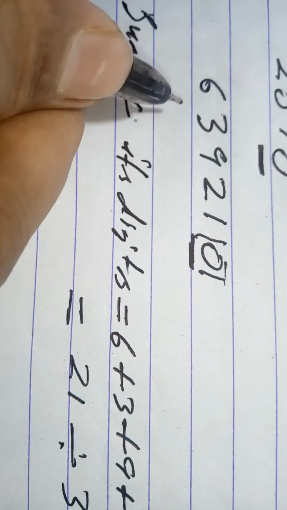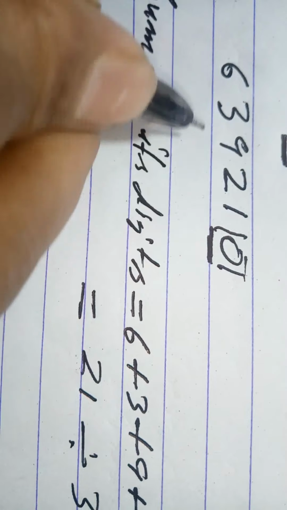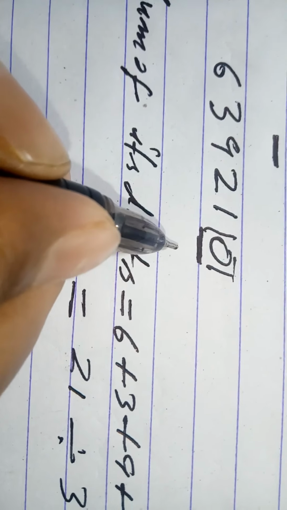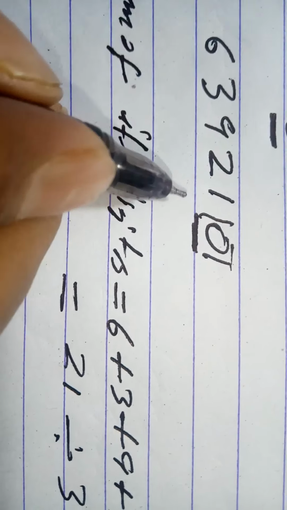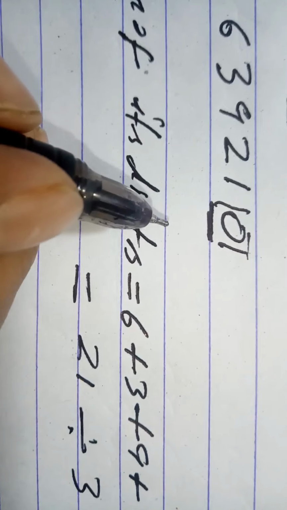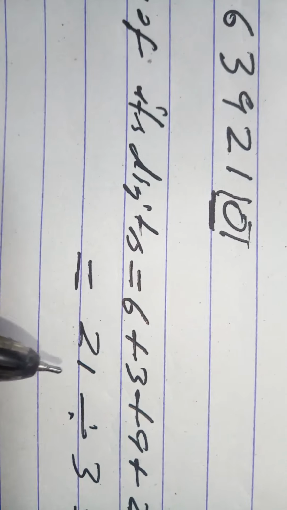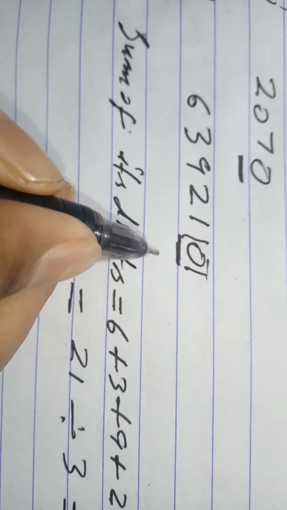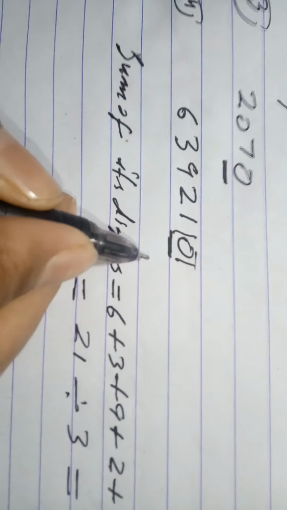Therefore this given number is divisible by 6 because this number is divisible by 2 and 3 both. So the given number is divisible by 6 also.